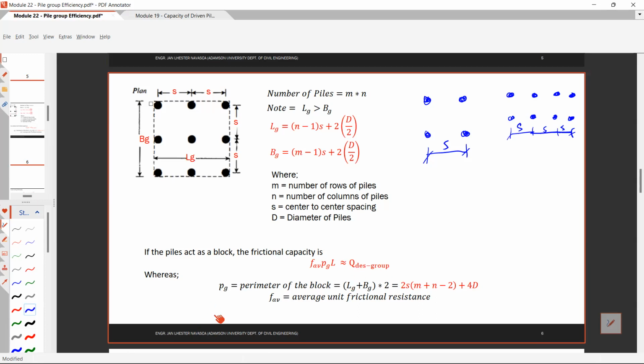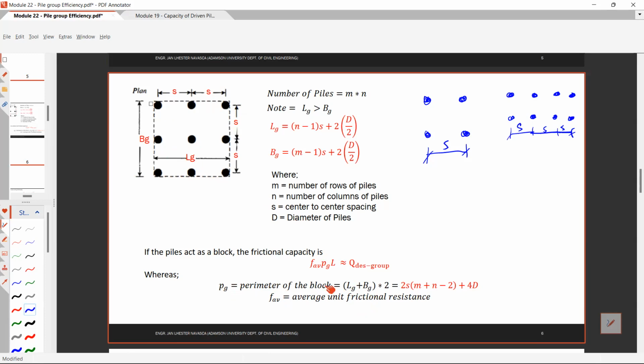Okay, whereas your P sub G is the perimeter of the block, okay, and F sub AV is the average unit frictional resistance. Okay, so for the perimeter of the block, so basically that is the perimeter LG plus BG times 2. So perimeter siya ng rectangle. Okay, so LG plus BG times 2 or 2LG plus 2BG.